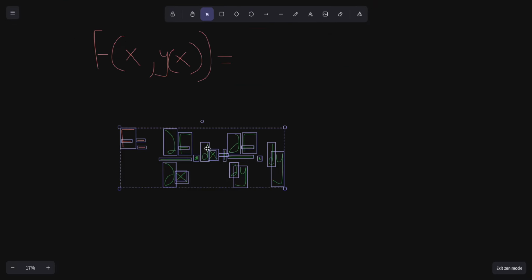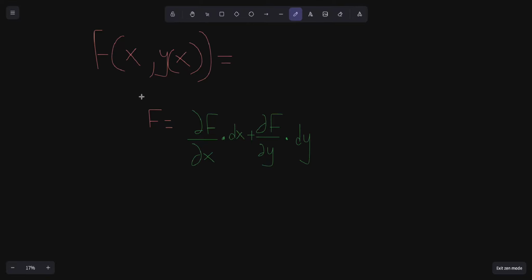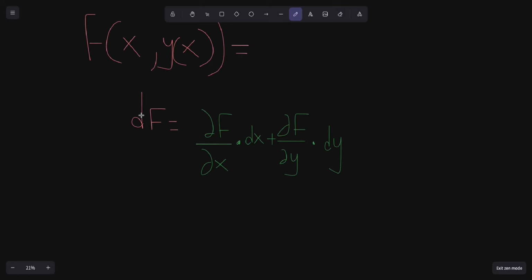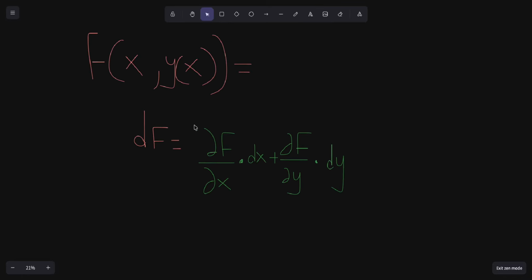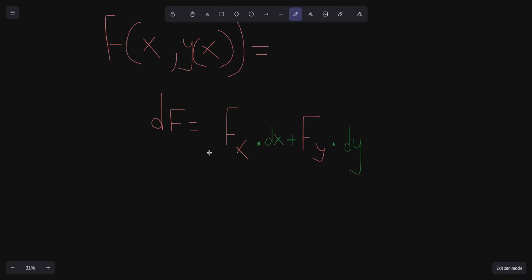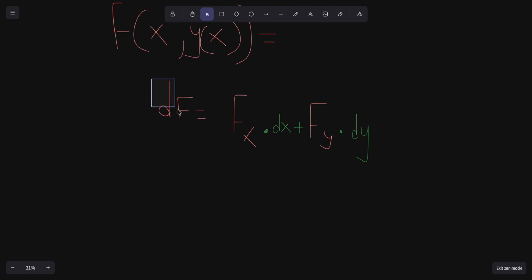And I don't really like the partial derivative symbols because they kind of make things confusing. So I'm just going to say that the partial derivative of f with respect to x, let me just call that f subscript x. And likewise, the partial with respect to y is going to be f subscript y, okay? And recall that our total change, we set that equal to 0, right? Because our multivariable function is constant.